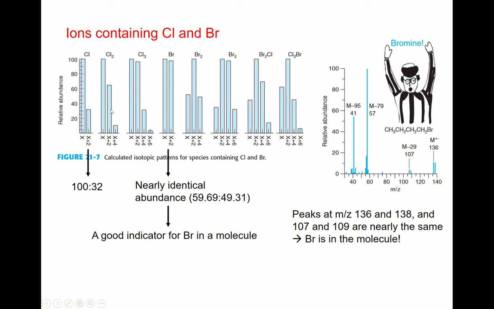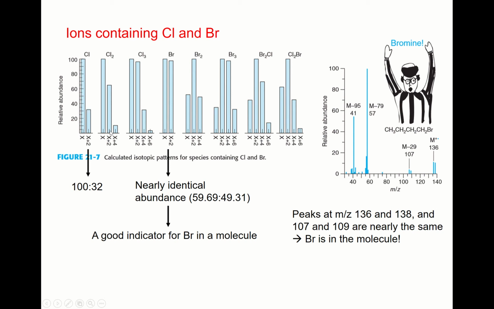Of course, X is the main peak, this is the base peak, and since the mass number differs by 2, we can expect there will be peaks at x plus 2 and x plus 4.